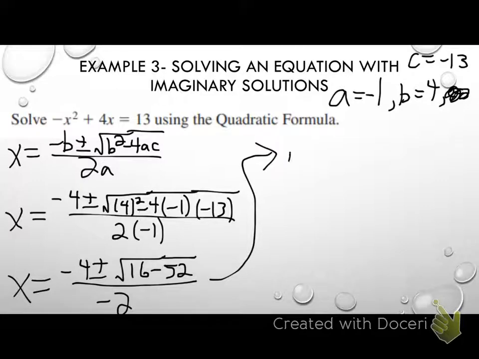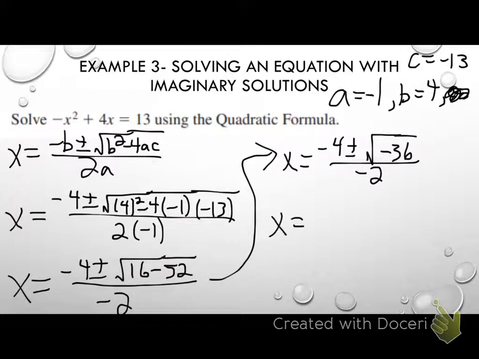Going further. -4 plus or minus square root. What's 16 minus 52? -36 over -2. What's the square root of -36? 6?